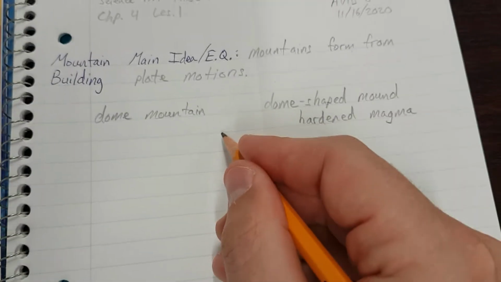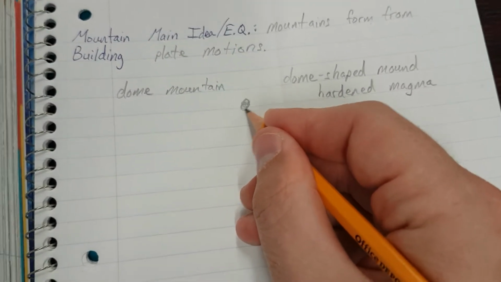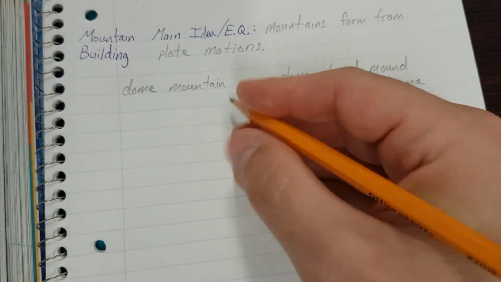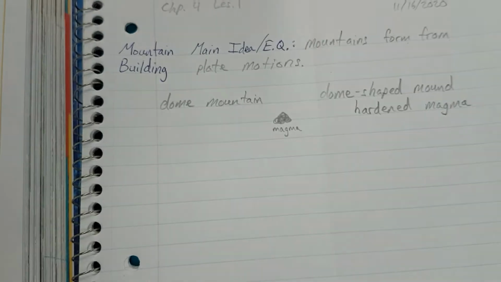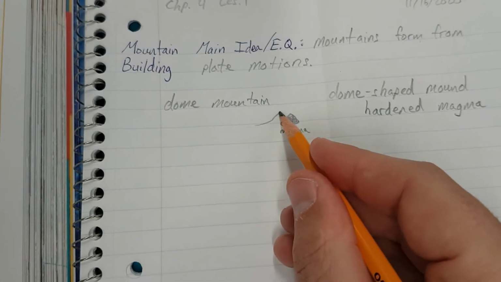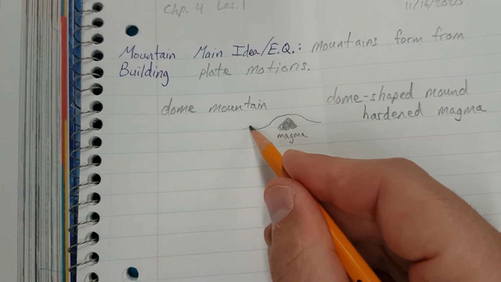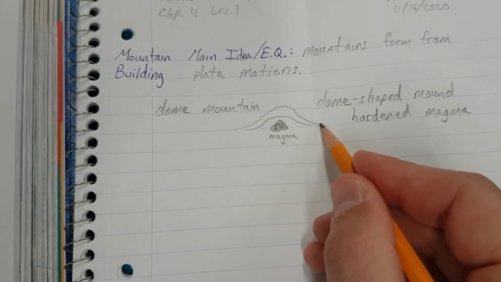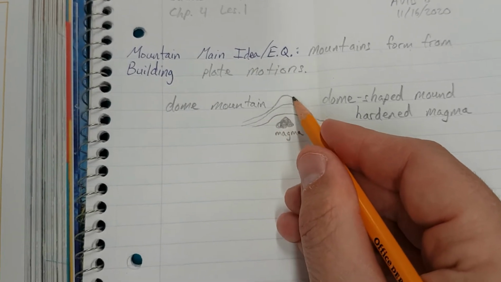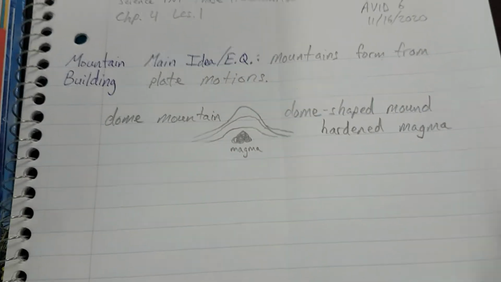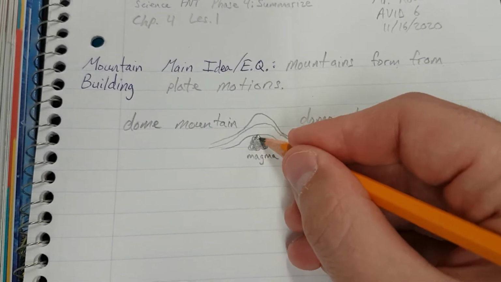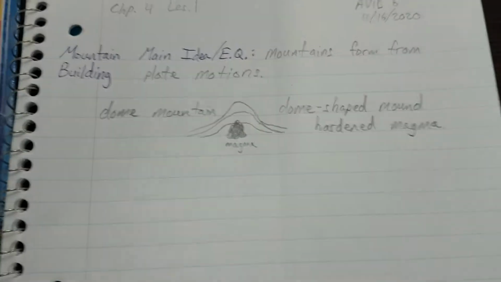Let's draw a little picture like that, right? So let's make a little bulge of magma, and then let's draw the layers of the earth showing that dome-shaped mountain. There. And let's make the bulge go up a little bit higher. There we go.